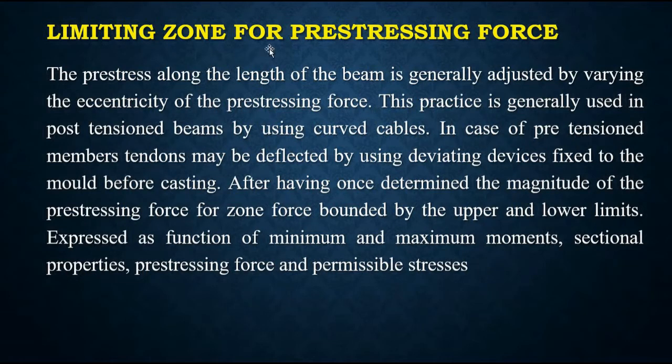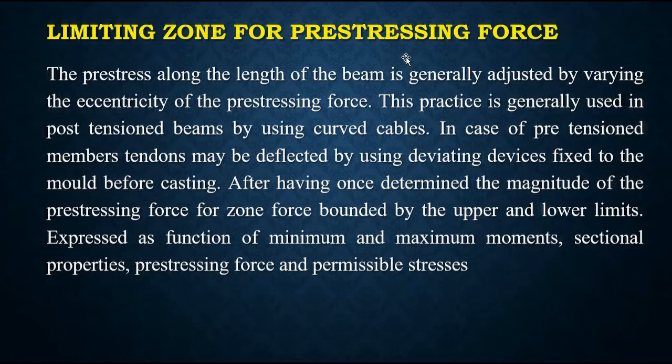Next, limiting zone for prestressing force. It depends upon two critical conditions. The first condition is maximum prestressing force plus minimum moment. The second condition is minimum prestressing force plus maximum design moment.